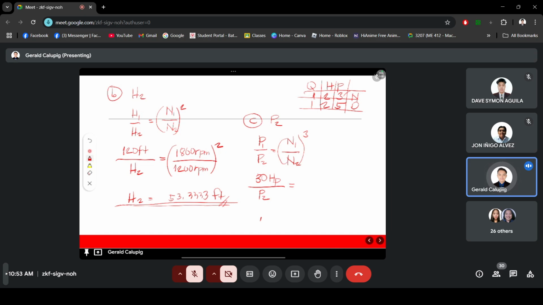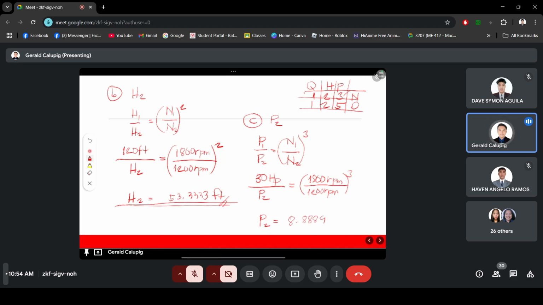And our N1 is 1,800 RPM over 1,200 RPM raised to 3. Our P2 will be 8.88889 HP. Right? Okay.